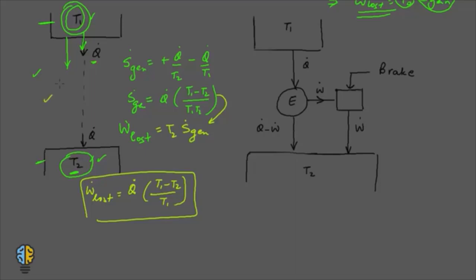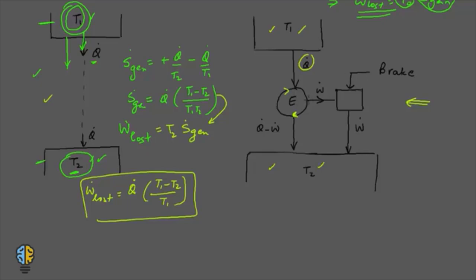Now look at this diagram. The heat transfer Q dot that takes place from T1 to T2 is now taking place through a reversible heat engine, placed between the two temperature reservoirs T1 and T2.